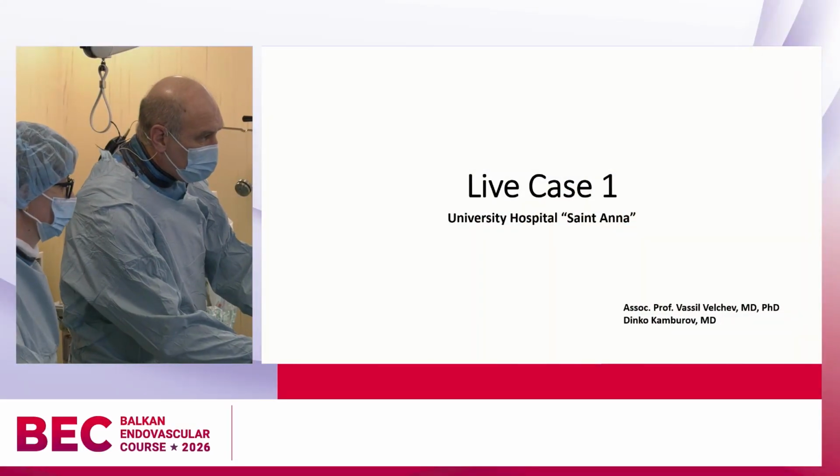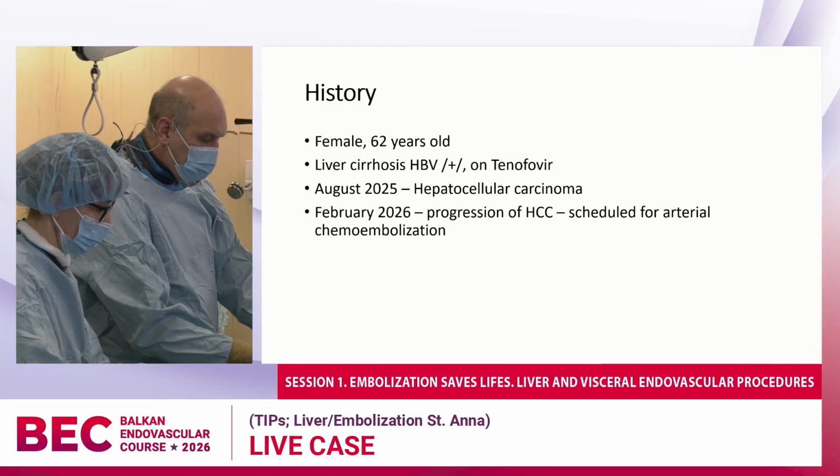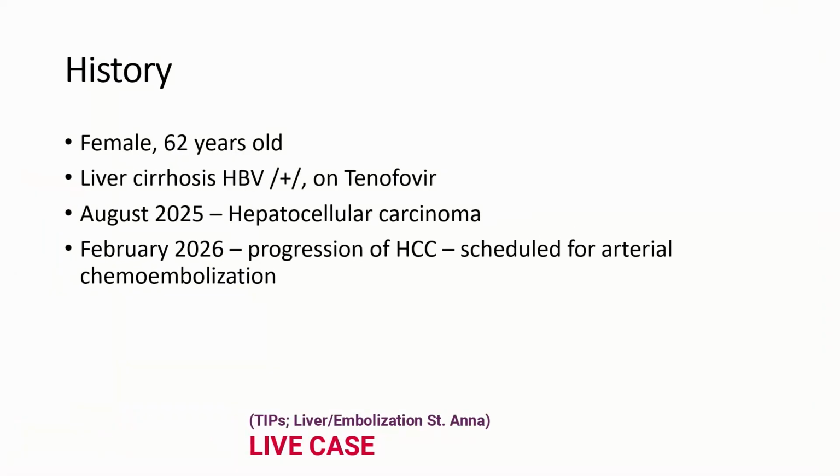We are live with the first case, and it's a 62 year old female with liver cirrhosis, and she has HCC, which means hepatocellular carcinoma, which was diagnosed in August last year.